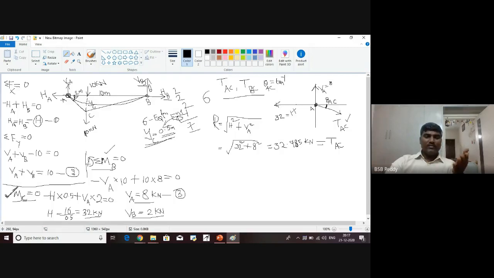So tan inverse of opposite side 0.5, adjacent side 2 meters. What is the value of tan inverse? You also do the same along with me. 0.5 divided by 2 gives 14.04 degree.